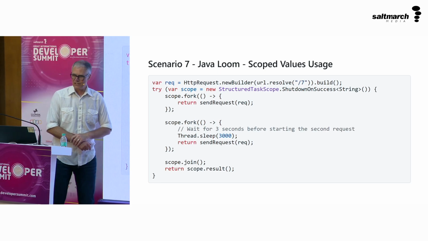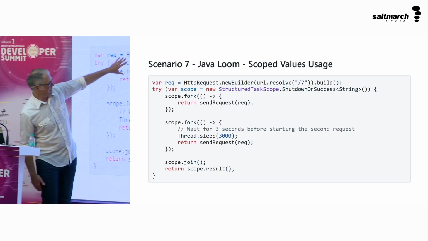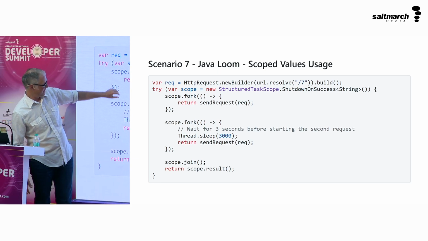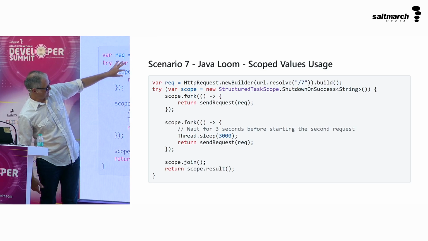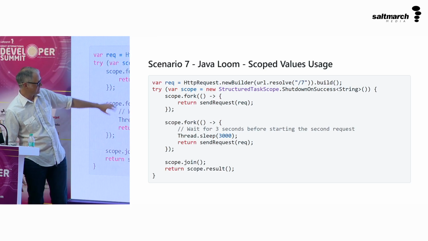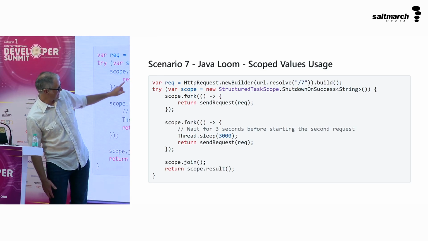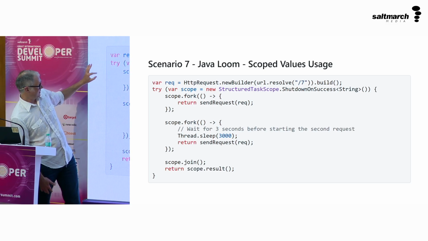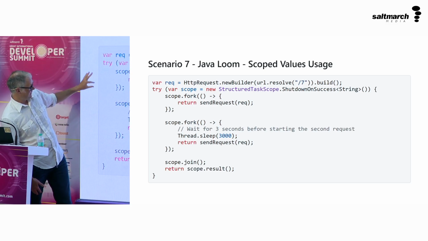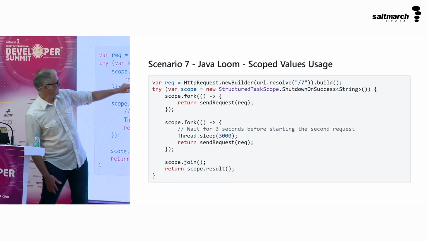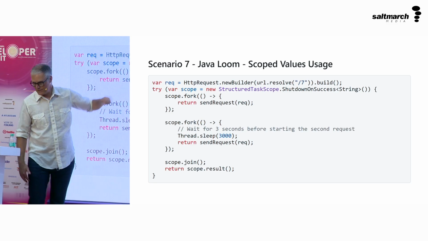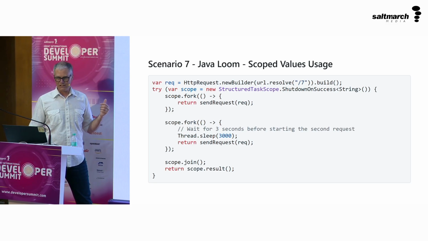And my scenario 7 is the hedging example, so it's doing the hedging. But let's see, is there anything reading that yet? Okay. Oh, here it is. Send request is what I'm using to actually send my request.